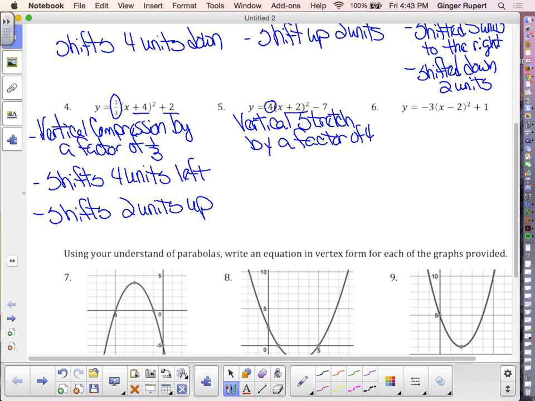Plus 2 tells me that it shifts 2 units left. And the minus 7 tells me it shifts 7 units down.